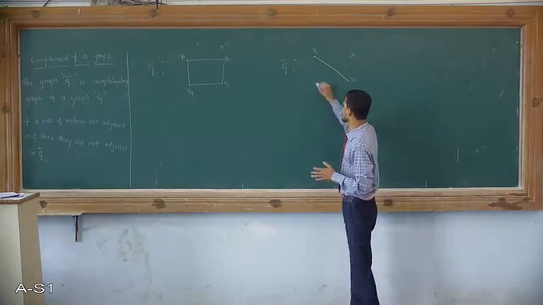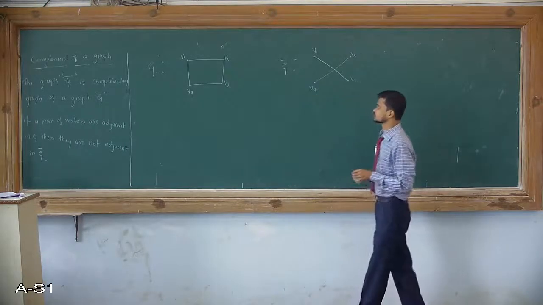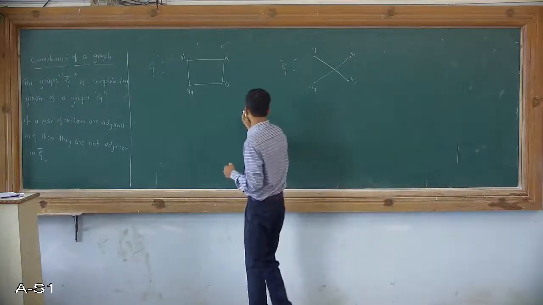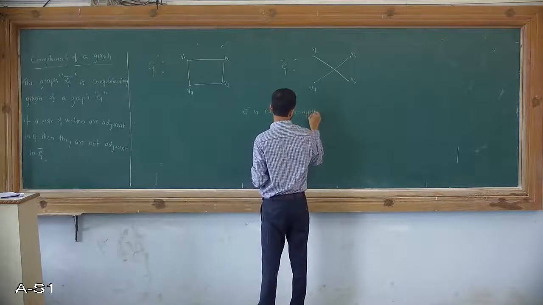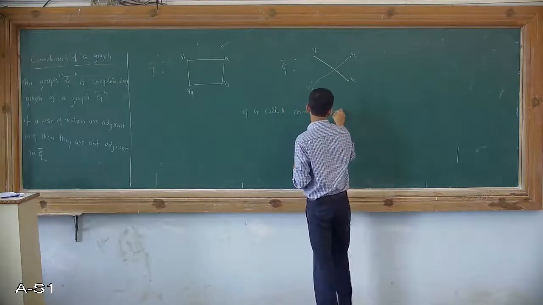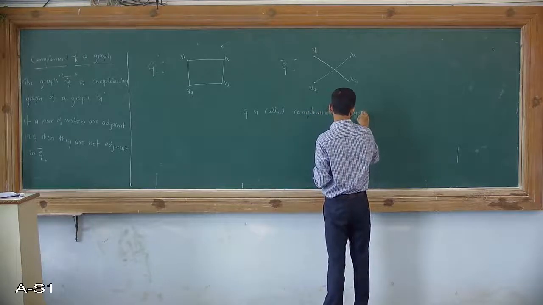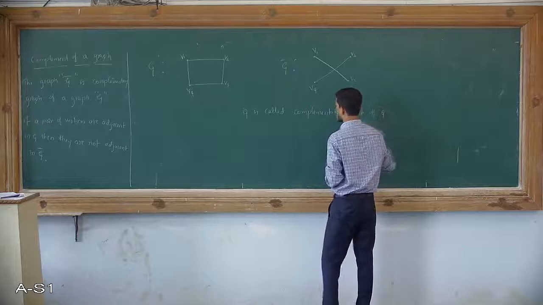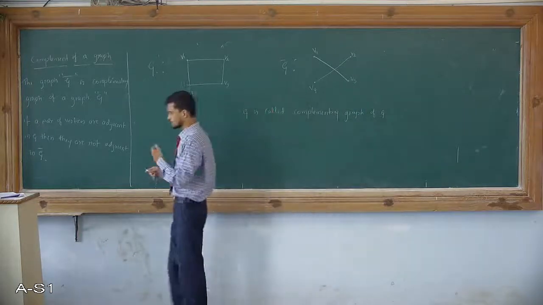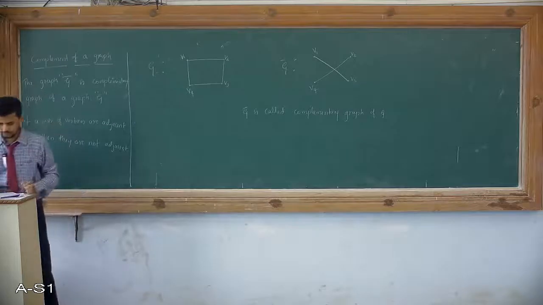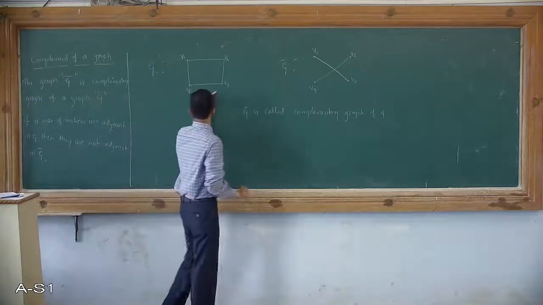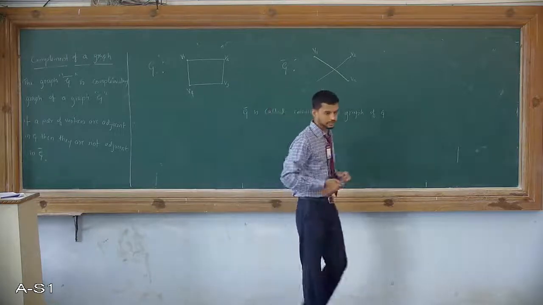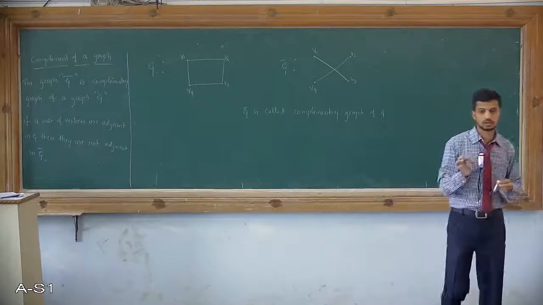Similarly, V4 and V2 are not connected in G, so I will draw a line. Then this G bar is called the complementary graph of graph G. In other words, if any two vertices are adjacent in G, they are not adjacent in G bar.